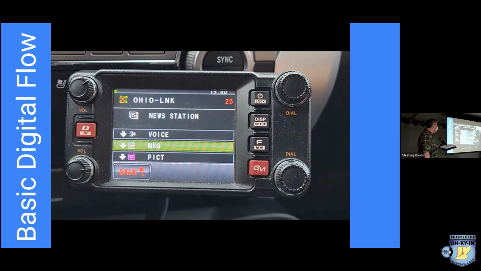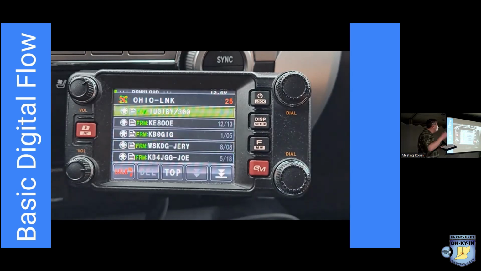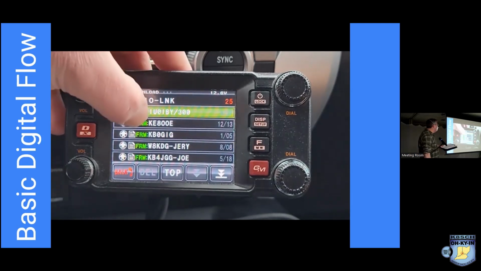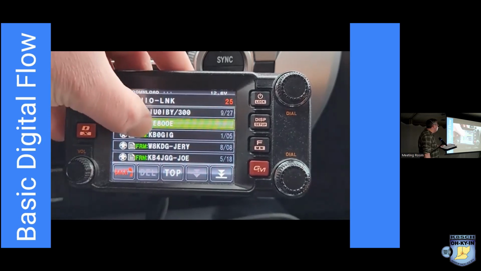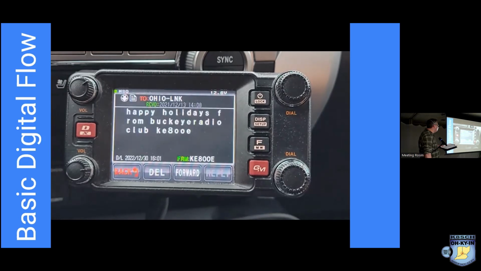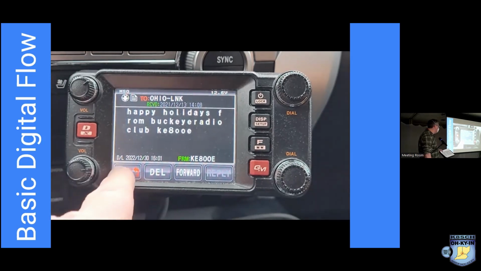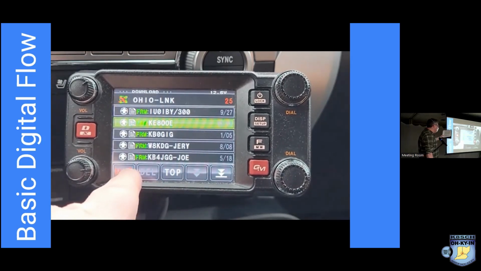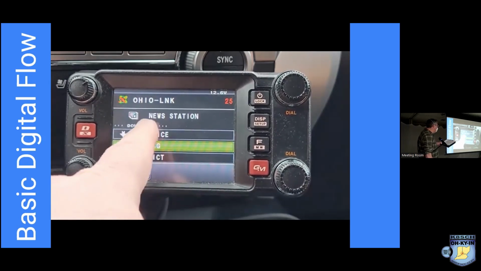So now it's downloading text messages from the Ohio link room. And I can click on one of these. It'll pull down that text message. And happy holidays from Buckeye Radio Club KE8OOE. Sent 12/30/2022. And you know, you can go through here and download whatever you want.